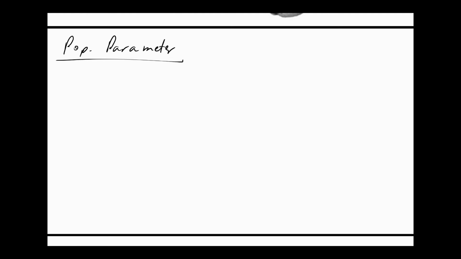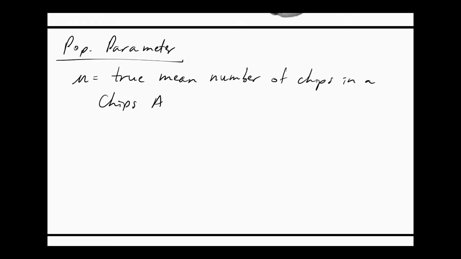What are we trying to find? There you go. True mean number of chips in a Chips Ahoy cookie. That's what we're trying to find.